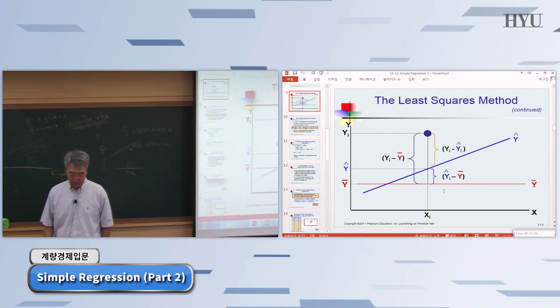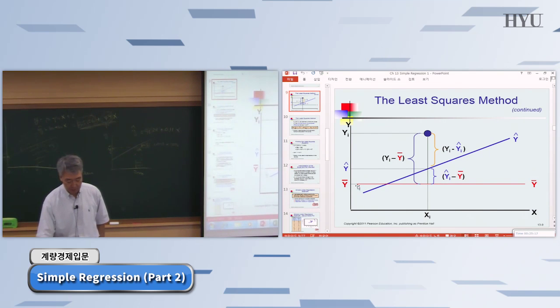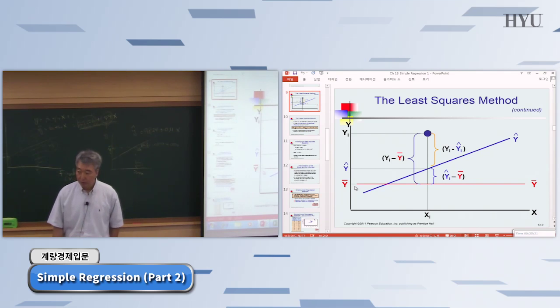All right. So here, without knowing anything about the regression analysis, probably the best answer is y bar. Just average.